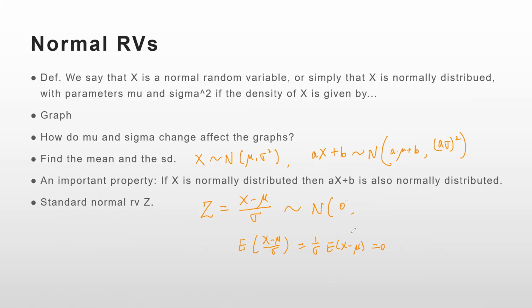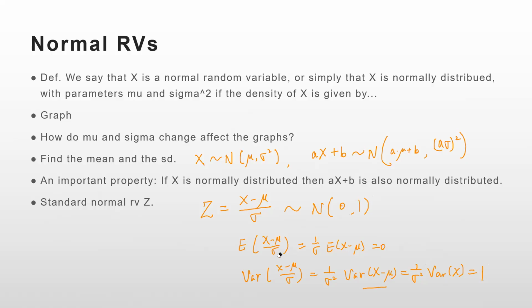And for the standard deviation, the variance of X minus mu over sigma is 1 over sigma squared times the variance of X minus mu. That will still be the variance of X, because adding or subtracting mu doesn't really change the variance, so it's just 1.